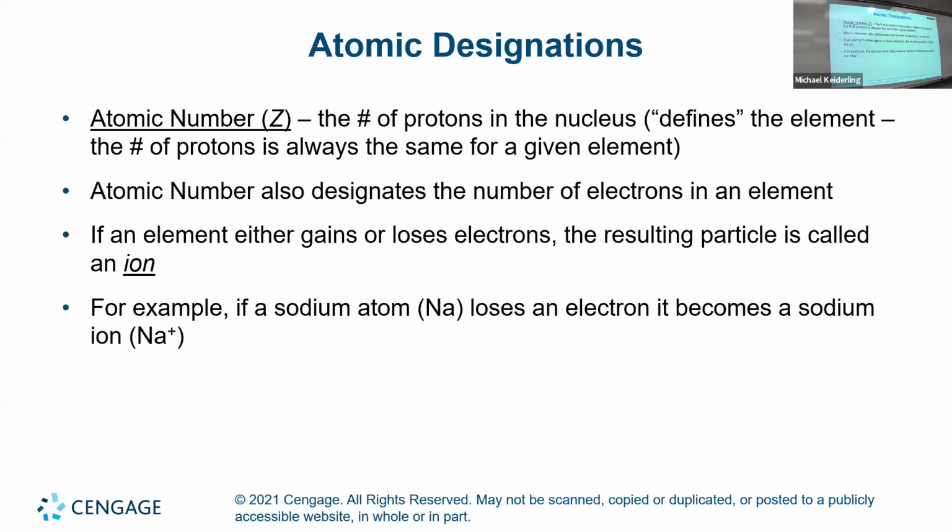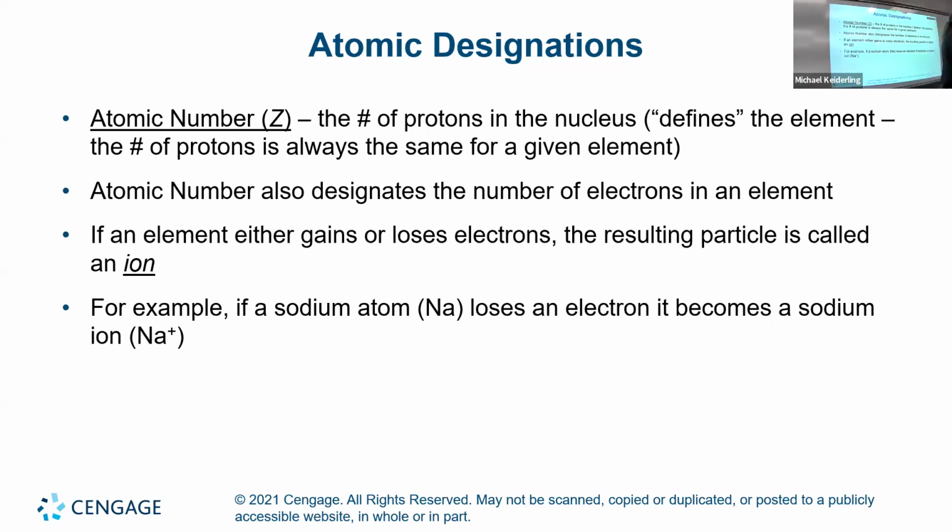This defines what element you're talking about. So hydrogen, for example, always has one proton in its nucleus. Helium always has two. Lithium has three, and so on. Carbon has 6. Oxygen 8. That's the atomic number.